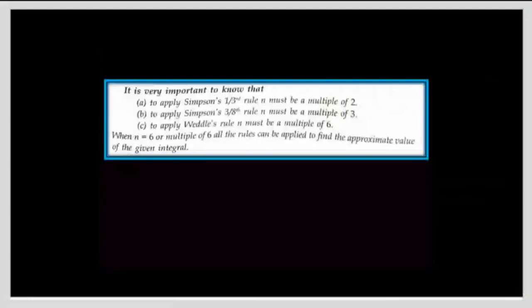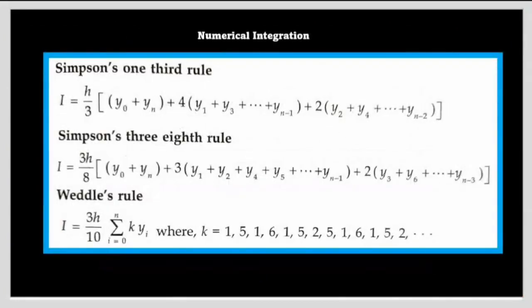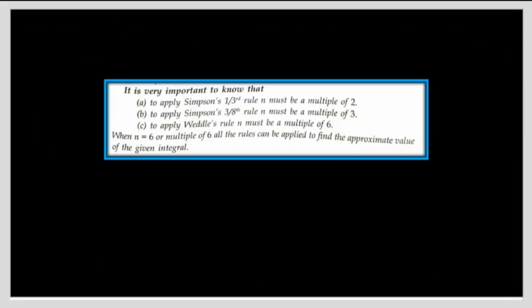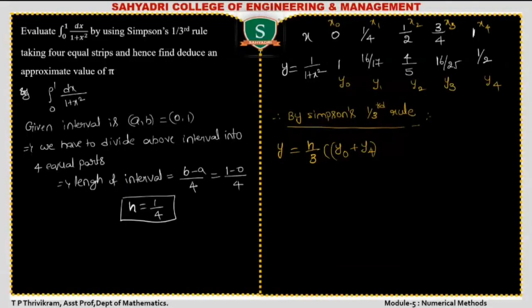Okay, h by 3 into y0 plus y4, odd number terms into 4. 4 into odd number terms is y1 plus y3, plus 2 into even number term. Even number term is y2.